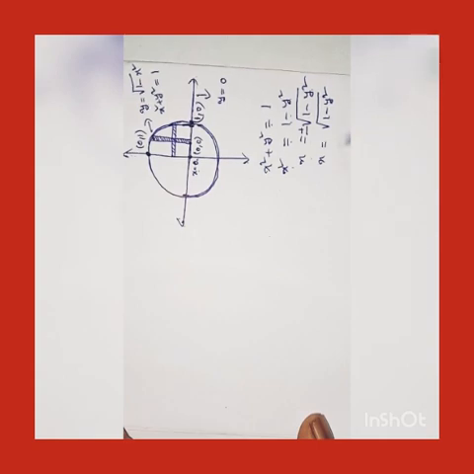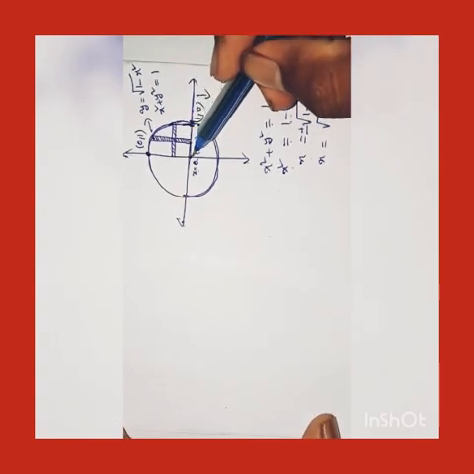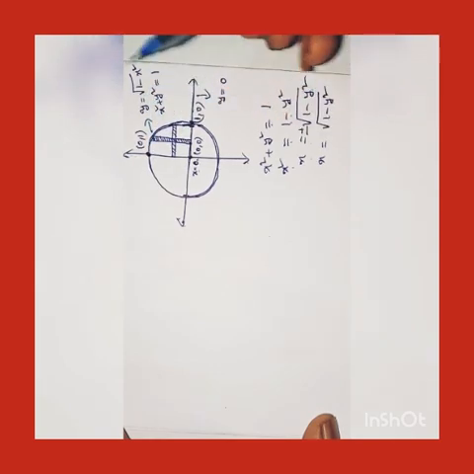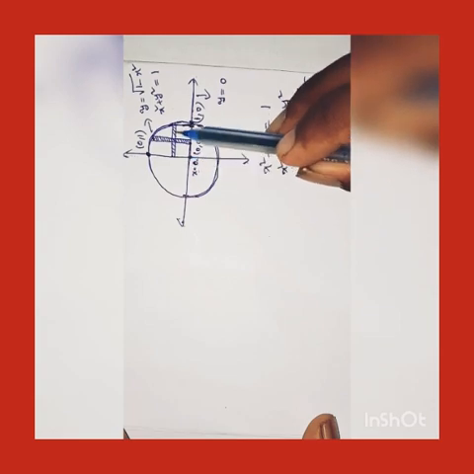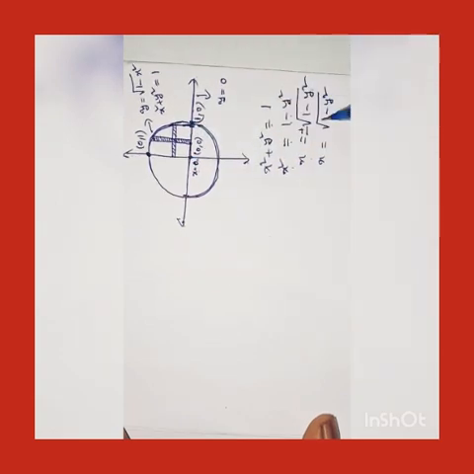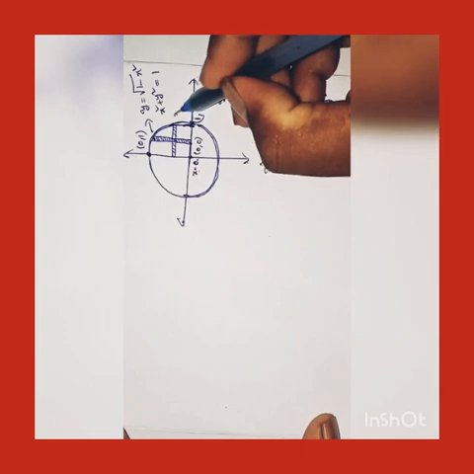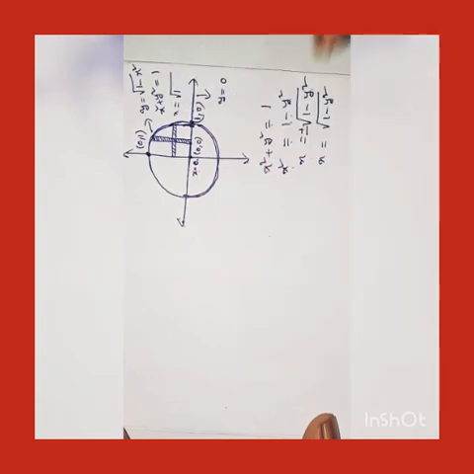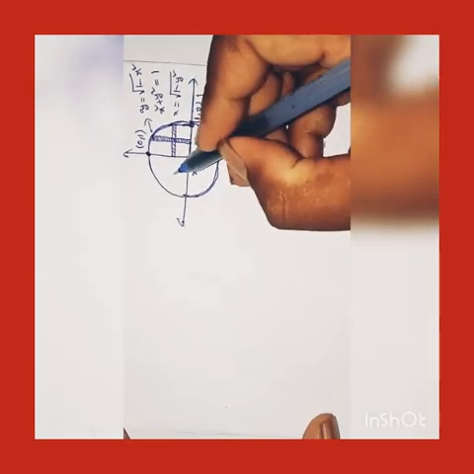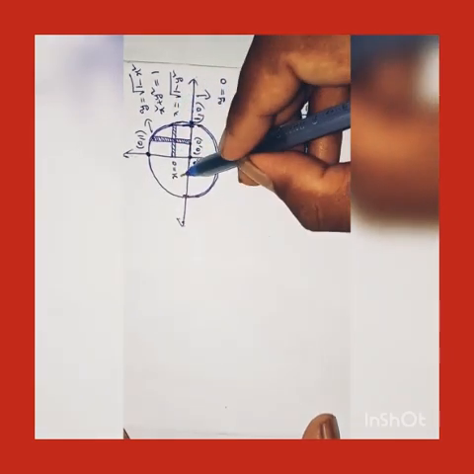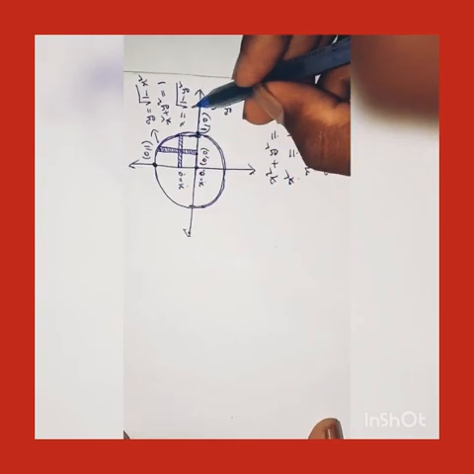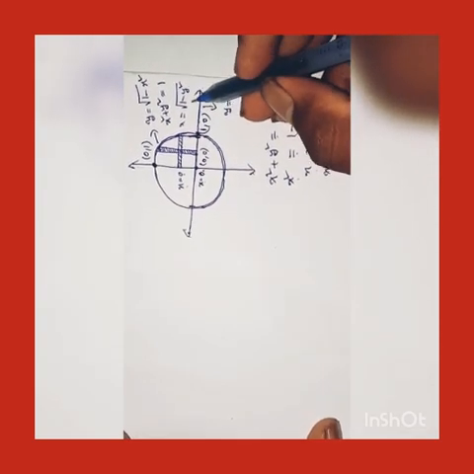X is equal to root of 1 minus y square. Therefore finally y is moving from 0 to 1, and x is moving from x is equal to 0 to x is equal to root of 1 minus y square. The horizontal strip lies between x is equal to 0 and x is equal to root of 1 minus y square.